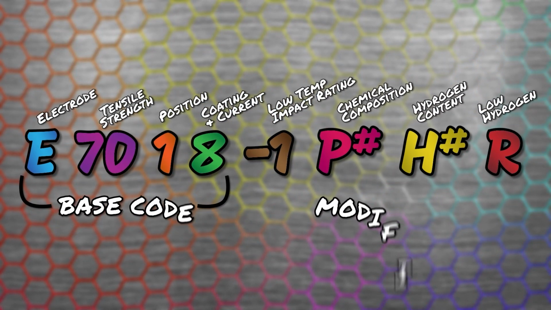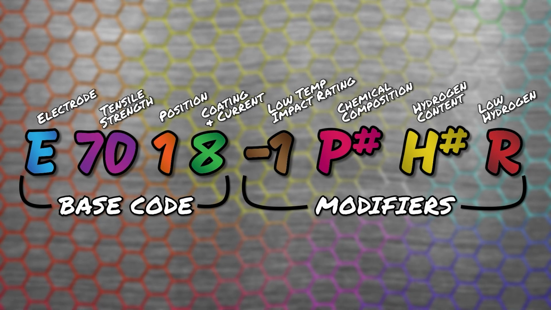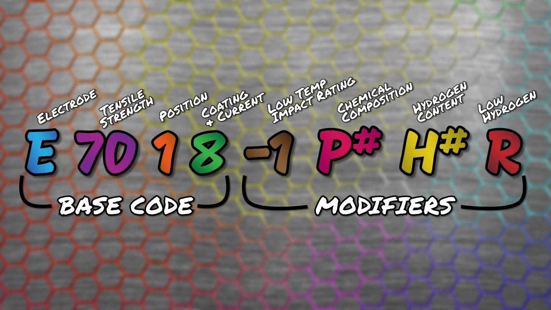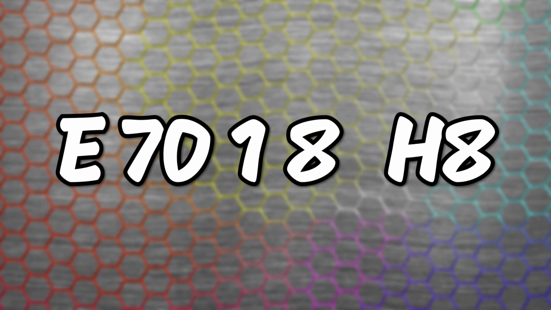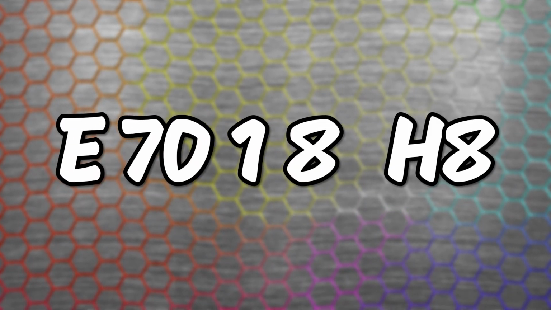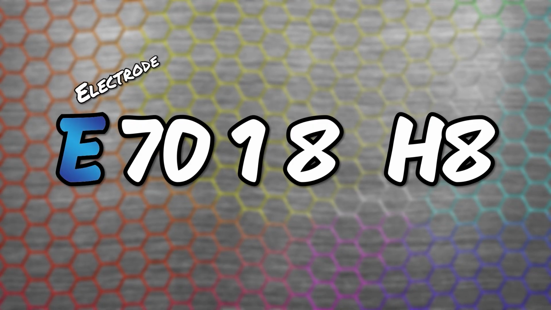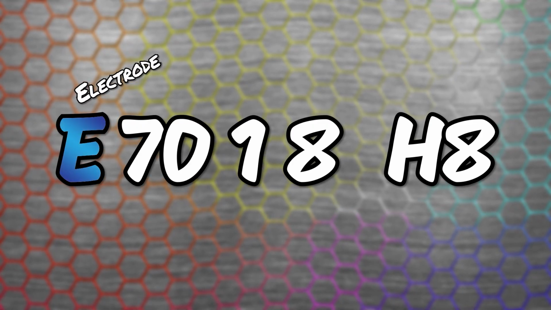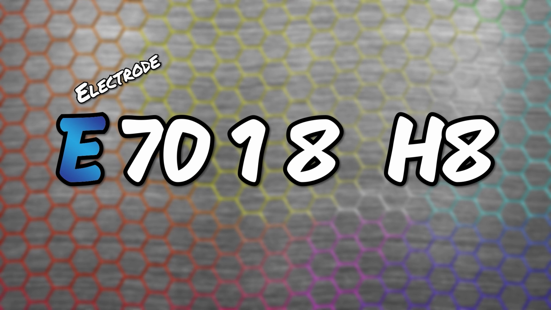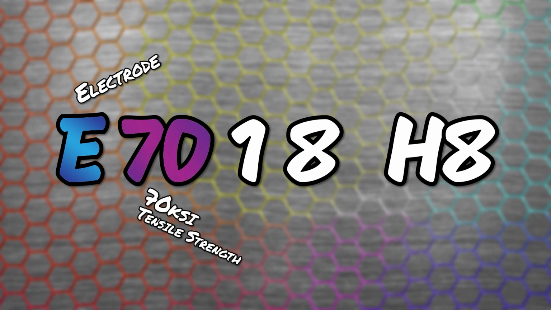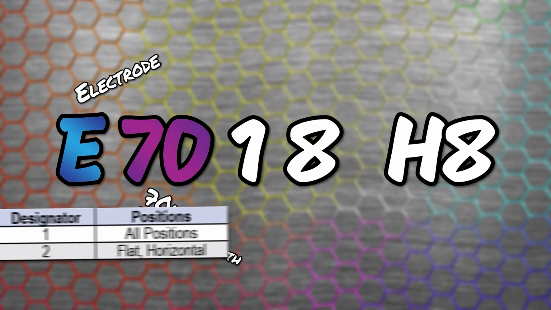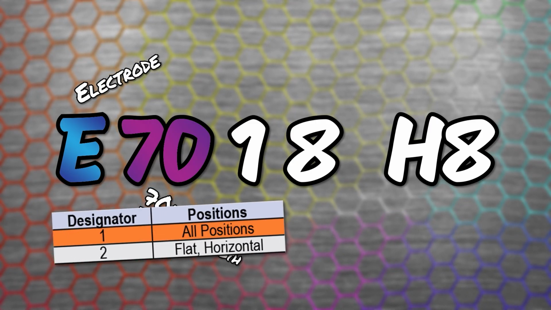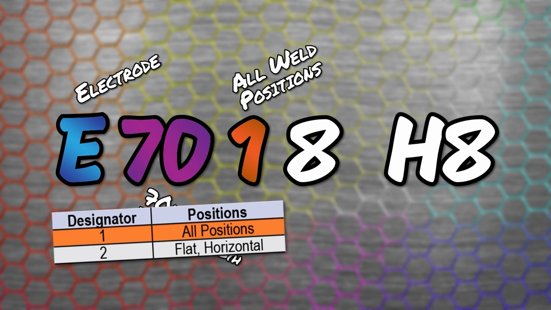So now that we know what makes up a stick electrode AWS class, let's read a few to test our new knowledge. E7018H8. It starts with an E, so we know that this is an electrode. The 70 tells us that this product has a 70 KSI tensile strength. The position designator is a 1, so we know that it can weld in all positions.